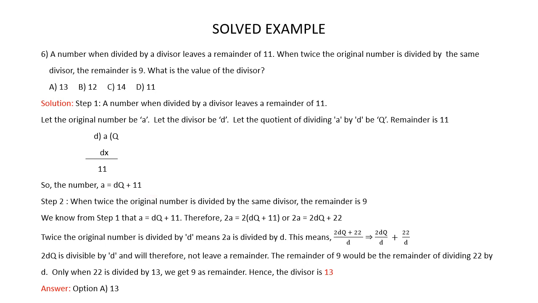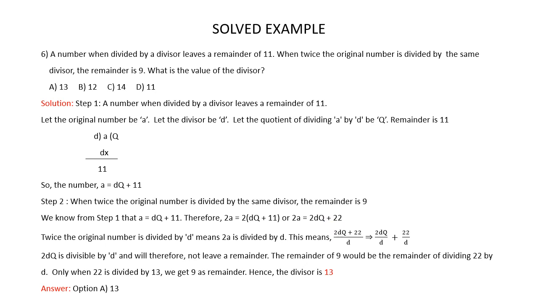So twice the original number means 2A. 2A is equal to 2 multiplied by DQ plus 11, or 2A is equal to 2DQ plus 22.